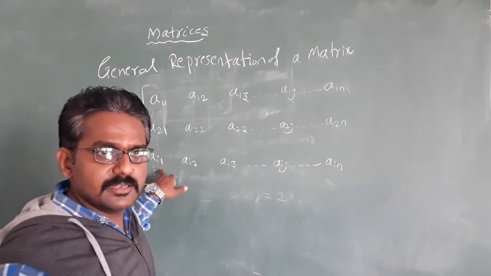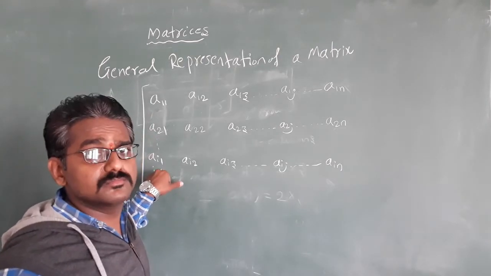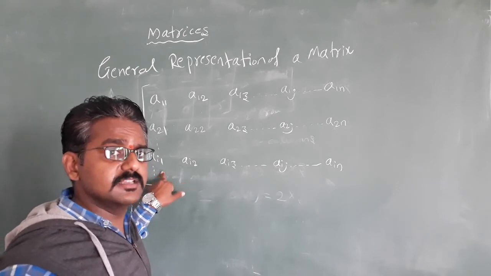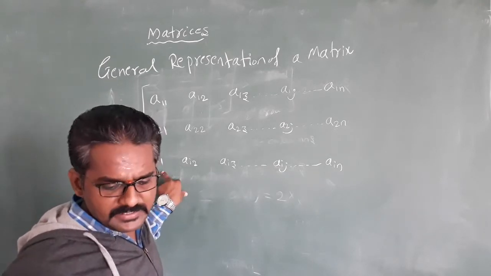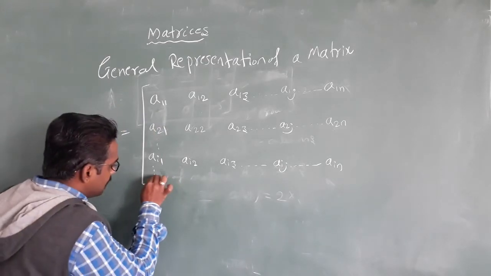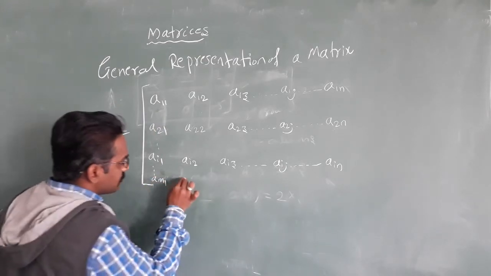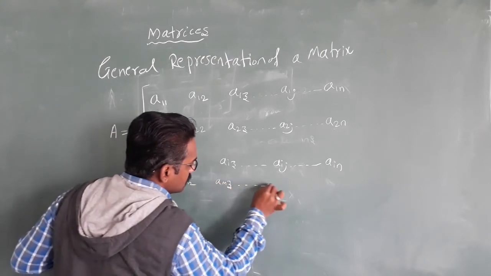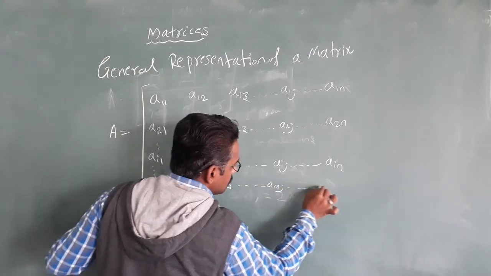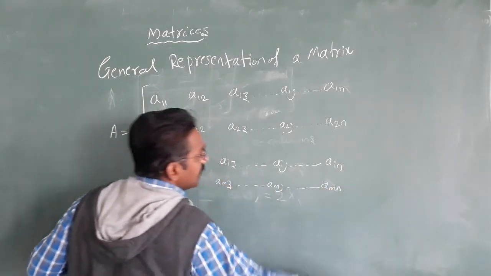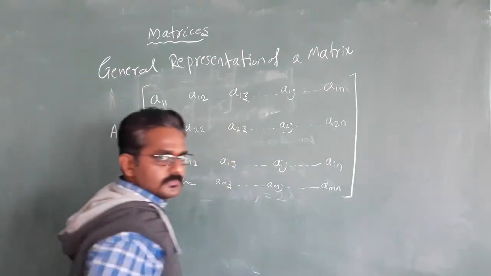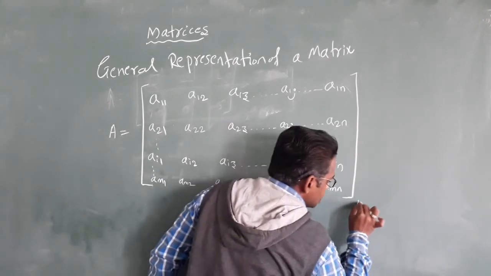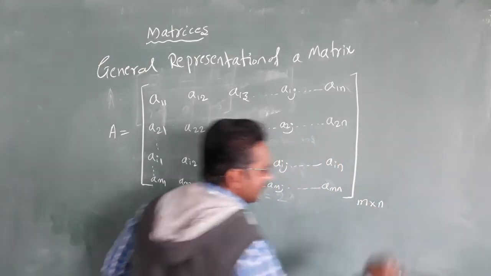Because for Ai1, we don't know what the row actually is. i means whatever the number of rows you can take, 10, 20, 30, whatever the number of rows you can mention. So next we will have Am1, Am2, Am3, so on up to Amj, so on up to Amn.